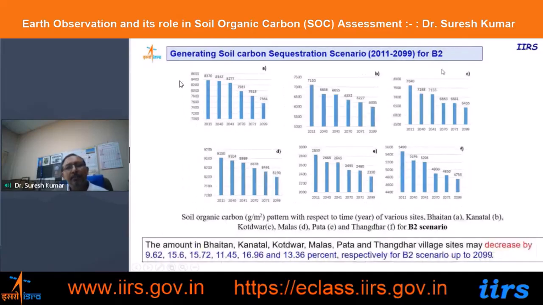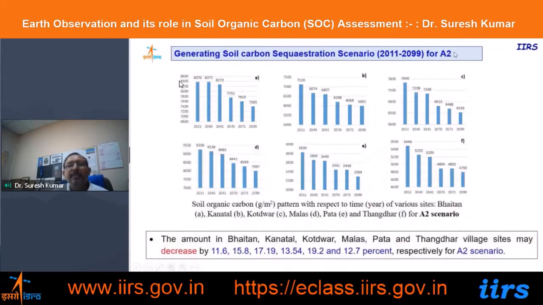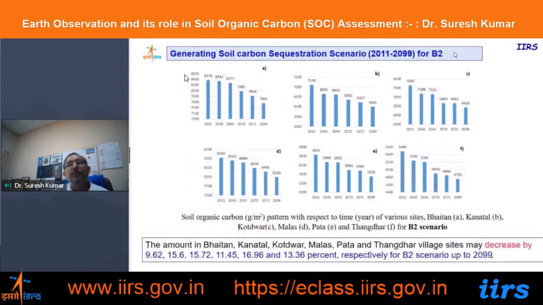When we studied the B2 scenario, where the A2 scenario is, we can say, the present conditions, if the CO2 level present in the atmosphere also increases in future, then what will be the organic carbon sequestration into the soils?